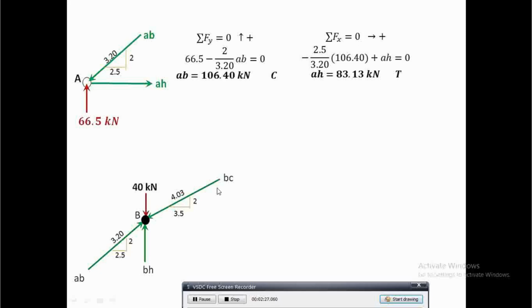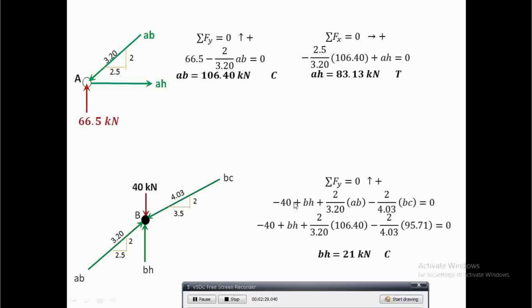Na-zoom ko lang si BC and BH. So if I'm going to take summation of forces along the y-axis, na-solve ko na pala kanina si BC. So substitute ko na lang. Y is upward, positive. Pababa si 40, kaya minus. BH is upward, so plus. And the vertical component of AB is 2 divided by 3.2.